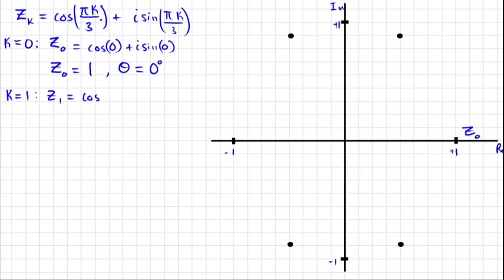That will be cos pi over 3 plus I sine pi over 3, since k is 1. So z1 is equal to cos pi over 3, which is just cos 60, and the cos of 60 is half, plus I times the sine of 60, or pi over 3, which is root 3 over 2.